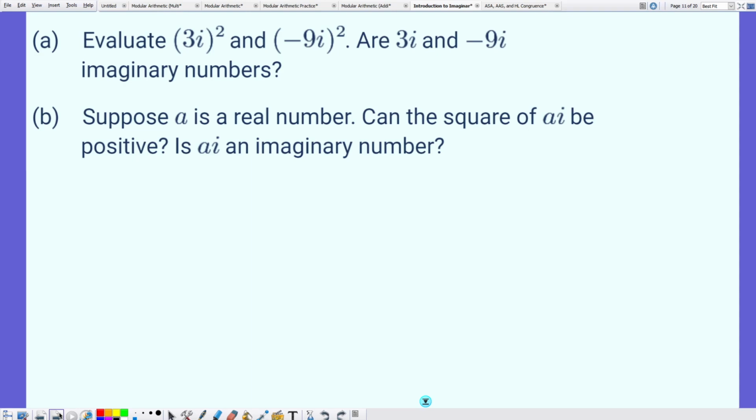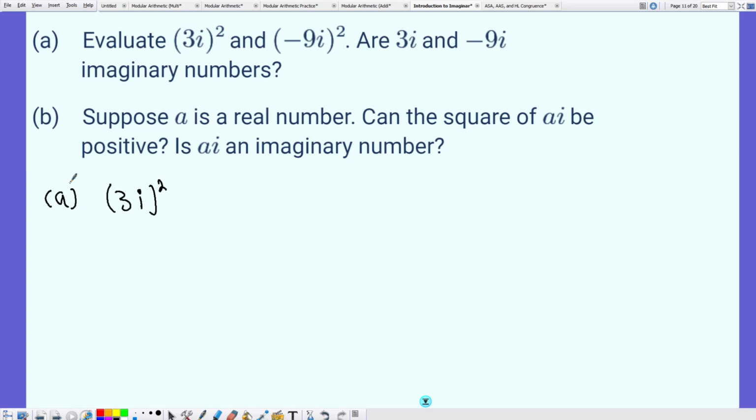Evaluate 3i squared and negative 9i squared. Are 3i and negative 9i imaginary numbers? Let's just start with that part. So 3i squared.